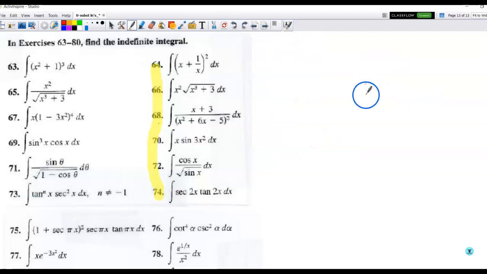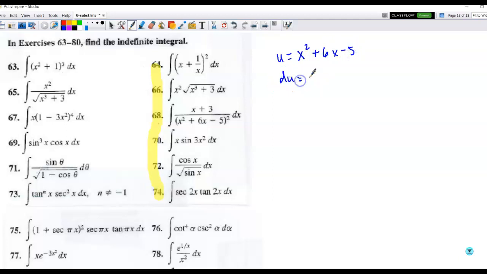68. In number 68, I see a rational function. I see that my denominator is being squared. I'm certainly not going to square that trinomial unless I absolutely have to. So my reaction is I'm going to go with u sub, and I'm going to let u equal the inside function, not the entire denominator, but the inside function of x squared plus 6x minus 5.